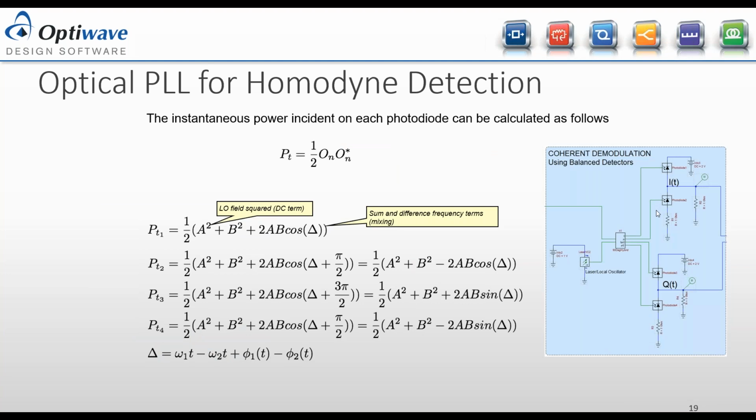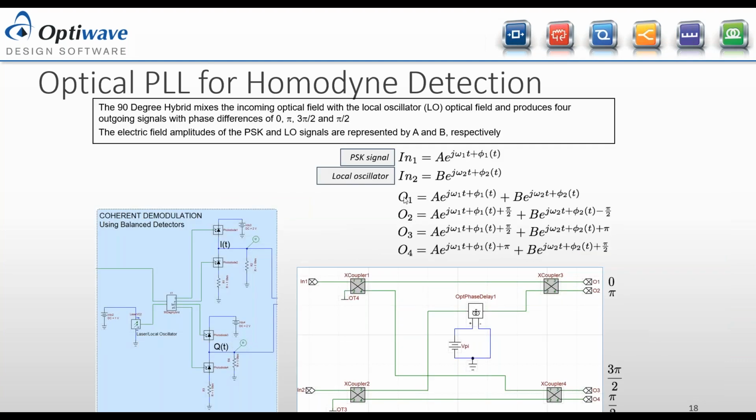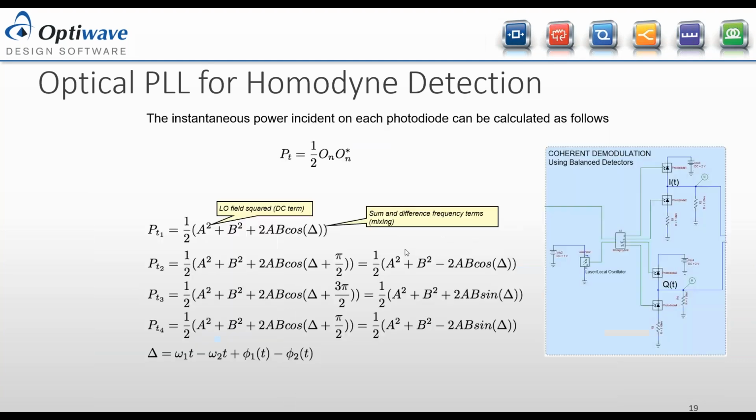And then in the balanced photodiode, each photodiode calculates the power incident onto the photodiode by taking the optical signal, multiplying by its complex conjugate, and dividing by 2. So here we're starting with these optical signals, O1, O2, O3, O4, and then multiplying each by its complex conjugate, and this is the result you get.